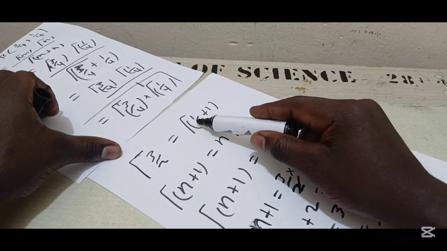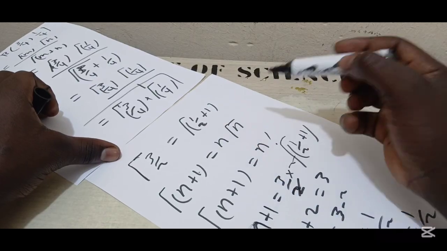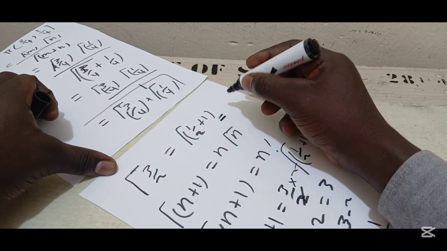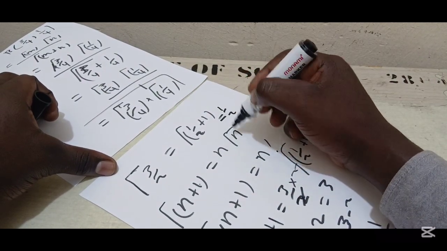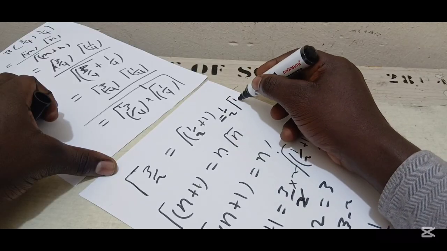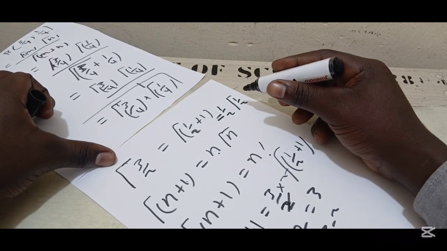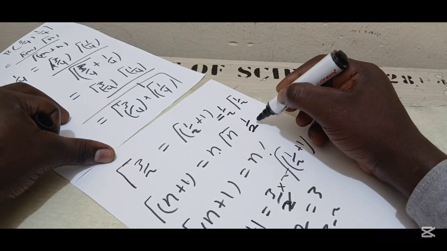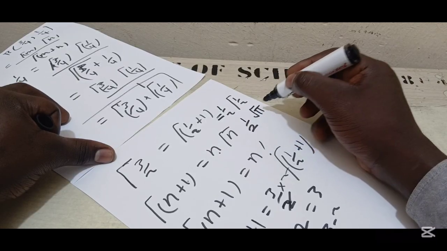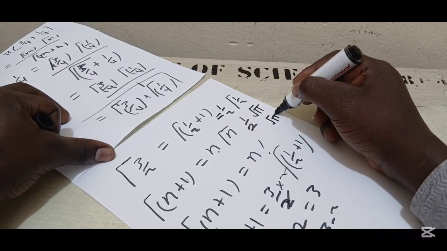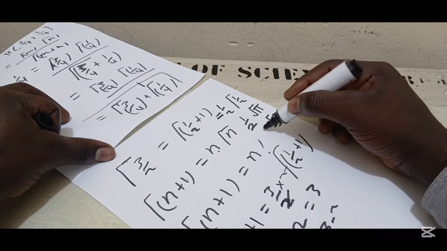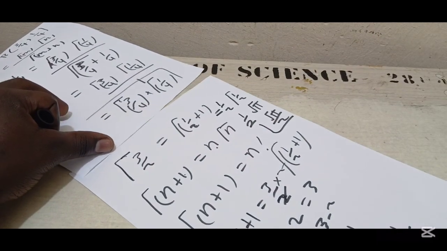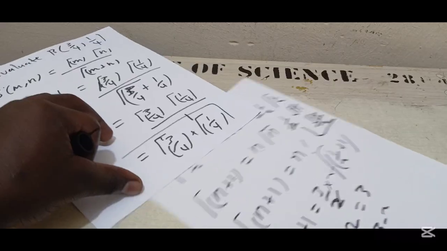Comparing this to this term, our n here is half, right? So this is just going to give us half gamma half. And gamma half is a constant, which is square root of pi. So this is going to give us half square root of pi, which is the same as square root of pi on 2. I hope this one is clear, how I present my work.